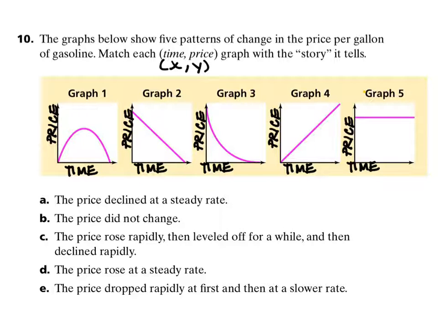So for B, it says the price did not change. So this is going to be a straight line, and you're going to have to decide if it's going to be graph 2, graph 4, or graph 5 that indicates that for you.